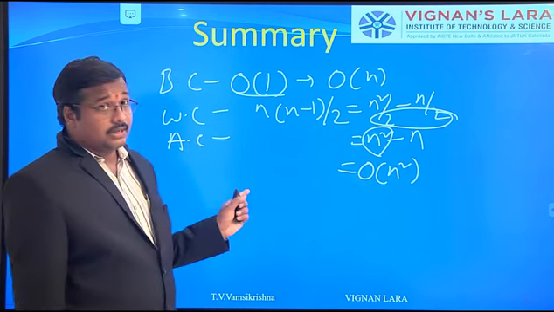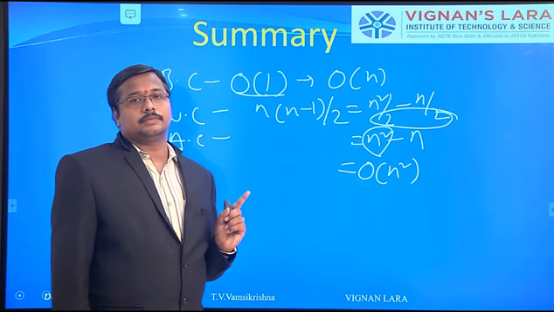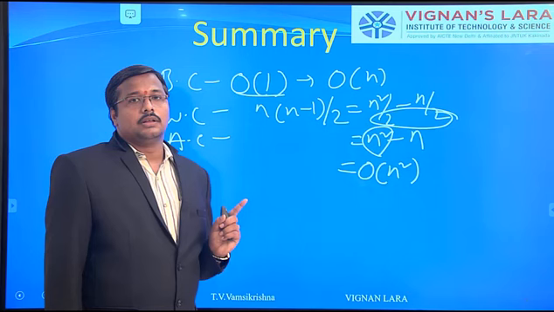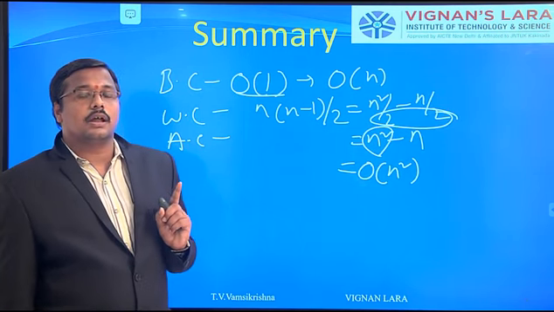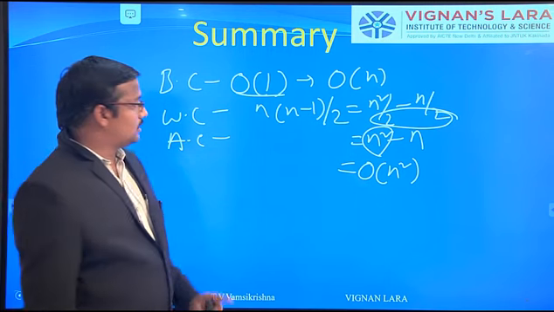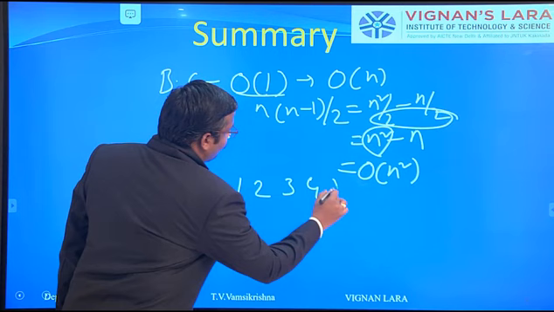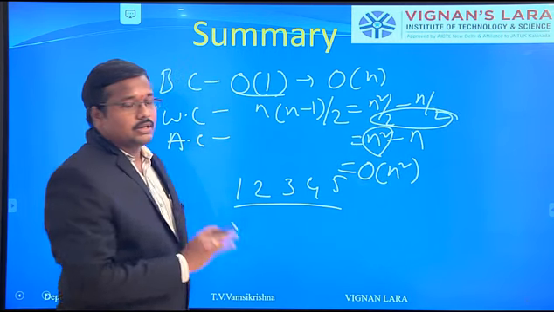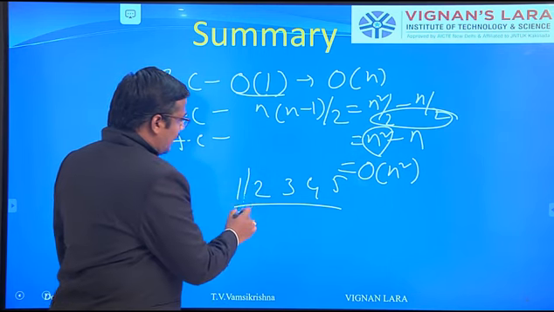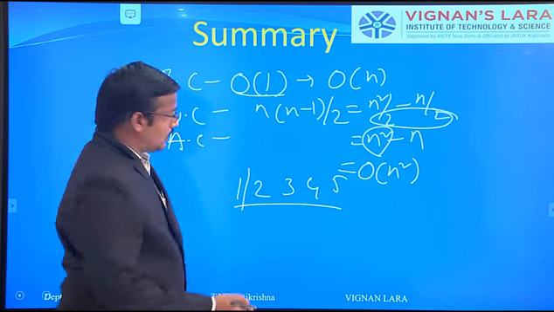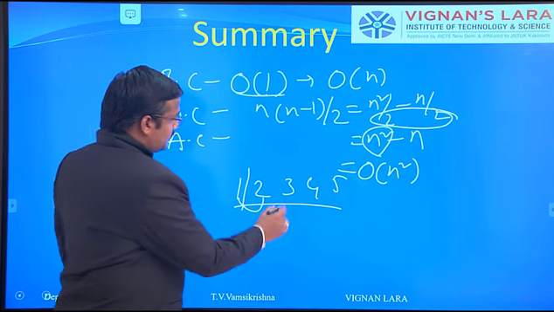But it exhibits very good time complexity in the best case. What is the best case? The best case is when the elements are already sorted. Suppose I am given the elements 1, 2, 3, 4, 5. Here 1 is trivially sorted. For 2, 1 comparison.